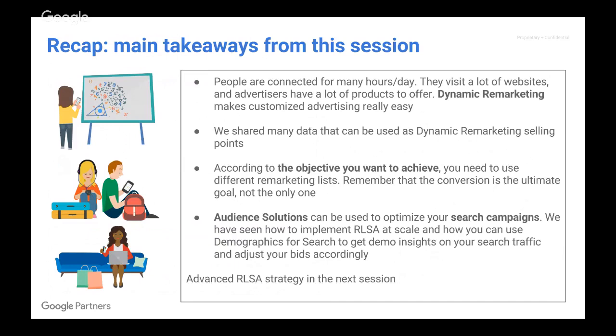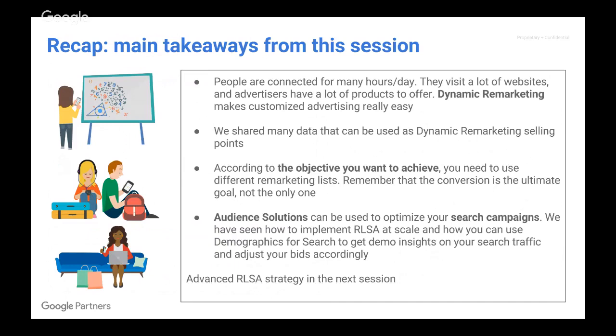And then for remarketing lists for search ads and demographics, we have covered a lot. But I think it's important for you to remember what the different steps of RLSA are and how you implement them on a campaign. It's important to keep in mind that the keyword is still the main point of a search campaign, and that's a user making a specific query you've chosen to bid on.